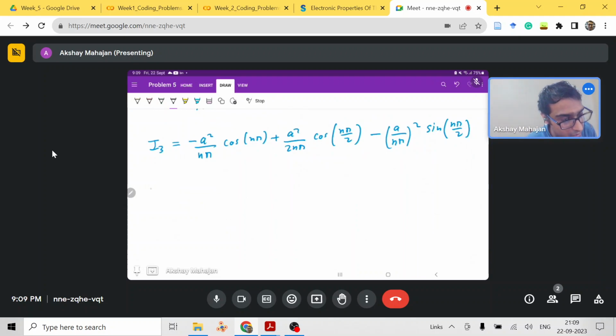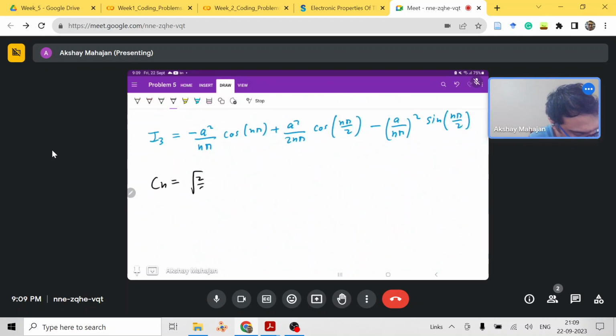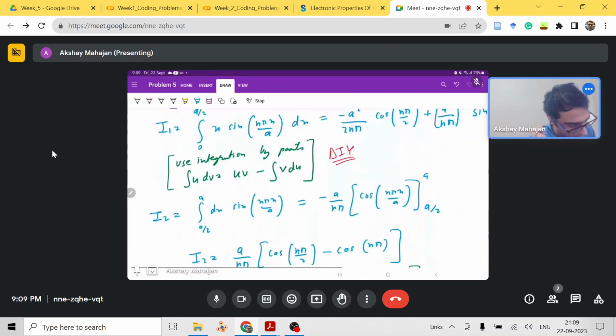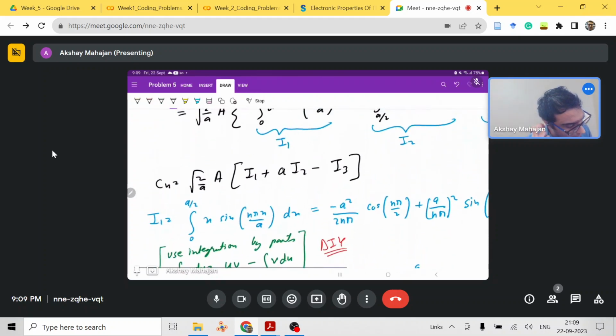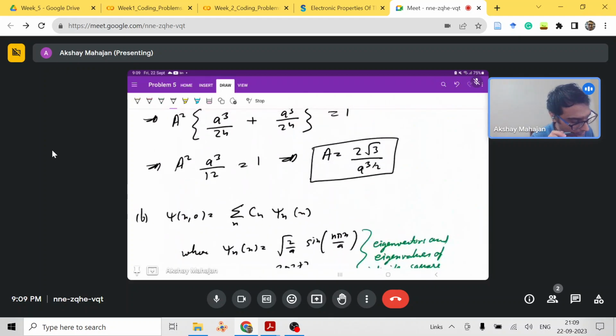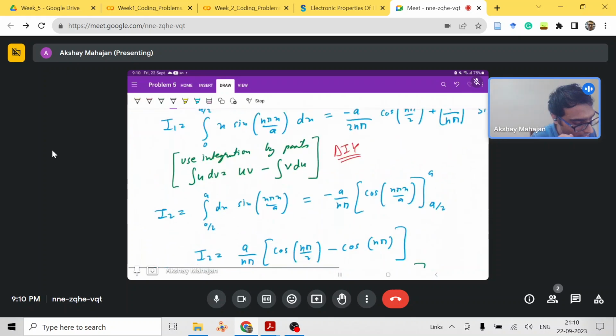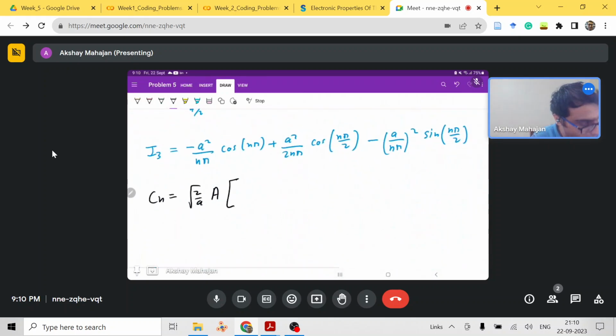So from here we finally have our Cn. Our Cn was root 2 by a times capital A. I'm putting it here right now, and I will write now I1. So just put these values of I1, I2 and I3.